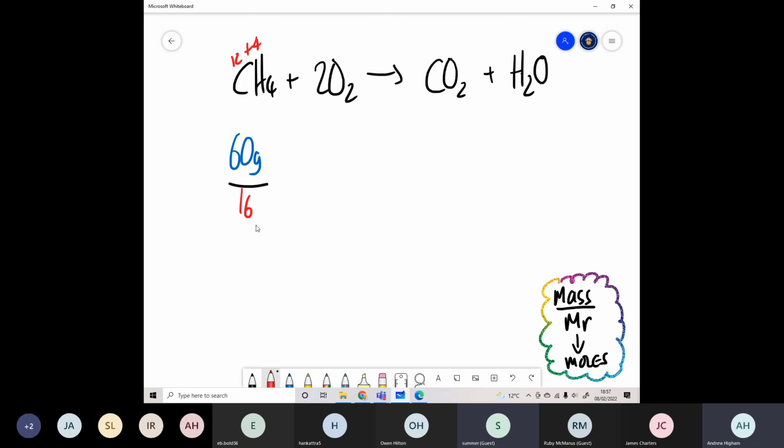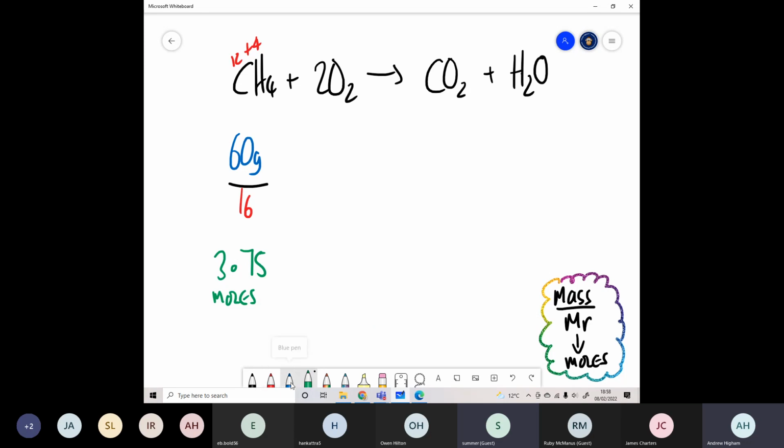So it's 60 divided by 16. And that is, let's see, what pen should I use? I'm going to go for the green pen. That's given us 3.75 moles of the methane. Okay, and I'm trying to keep everything in a line underneath so we can follow this.